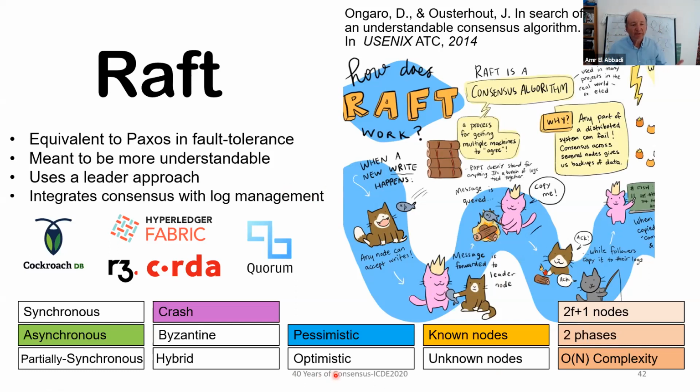This is debatable, but at Stanford they have done user studies and shown that people find Raft easier to use. Some systems have now been using Raft instead of Paxos. For example, CockroachDB uses Raft, Quorum uses Raft, and some versions of Hyperledger Fabric use Raft. So Raft can be used to replace it. It integrates the log management in a much easier way to understand.